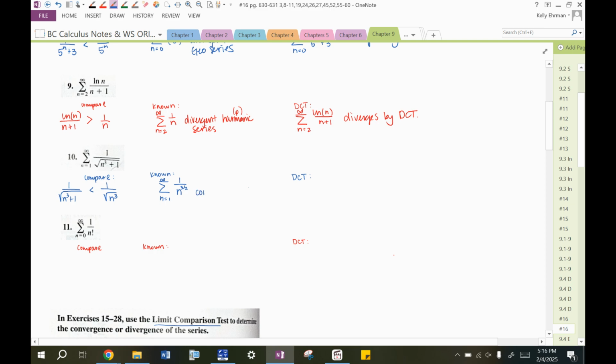So this is a convergent p-series. And if that's the convergent p-series and it's the one on top, then the one that's decreasing even faster is also going to converge. So from n equals 1 to infinity, 1 over the square root of n cubed plus 1 converges by DCT.